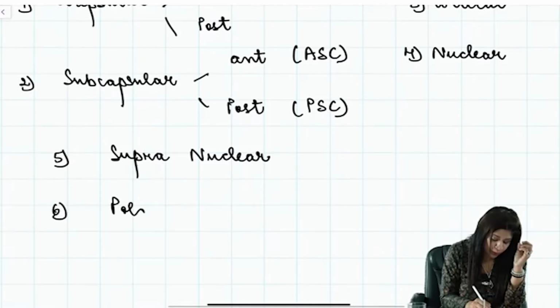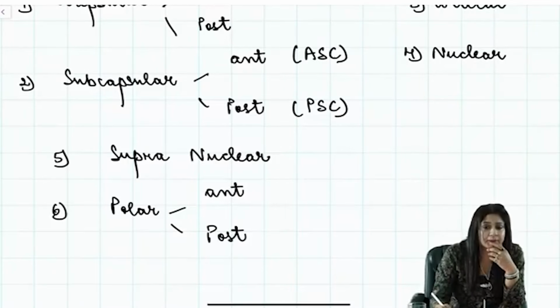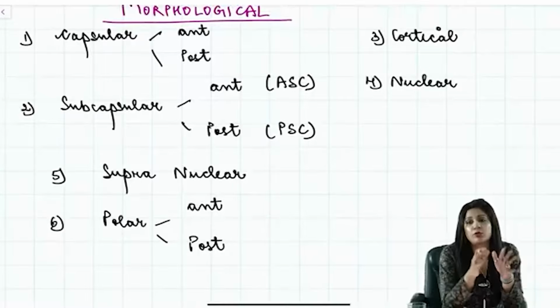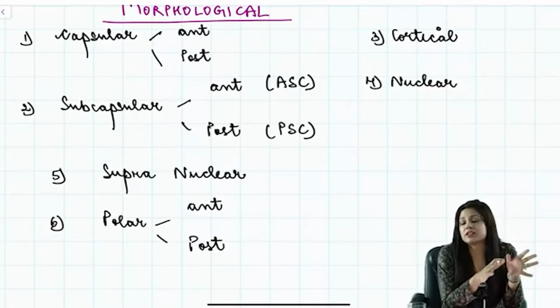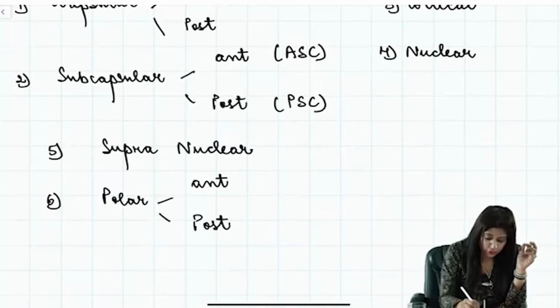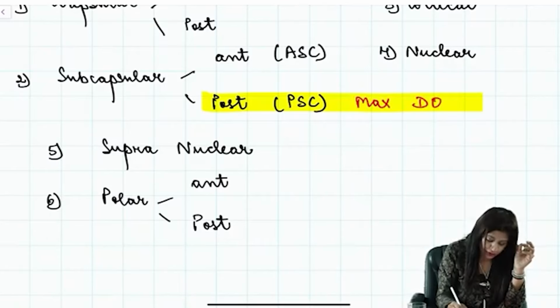If it is at the poles, like anterior polar, posterior polar. If it is exactly at the poles, it is the polar cataract. तो मतलब we can have total these many morphologies. If anybody is having cataract, out of these 6 morphologies, he can have different morphologies. And out of this, it is the posterior subcapsular which is causing the maximum diminution of vision.